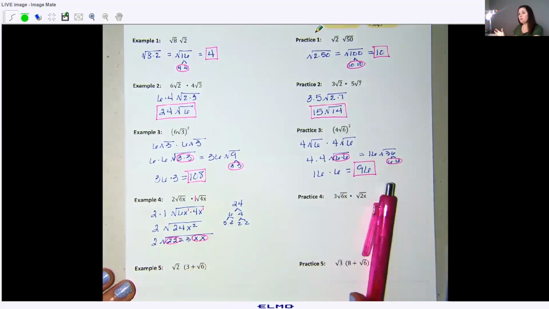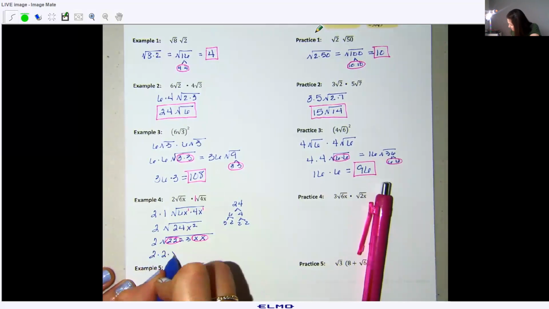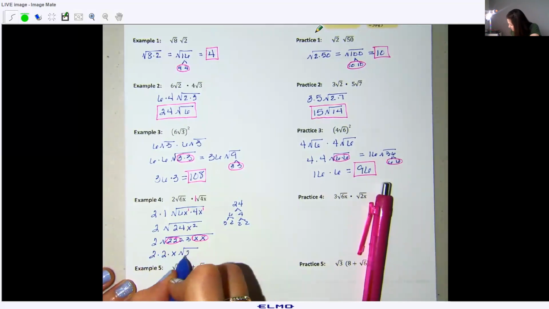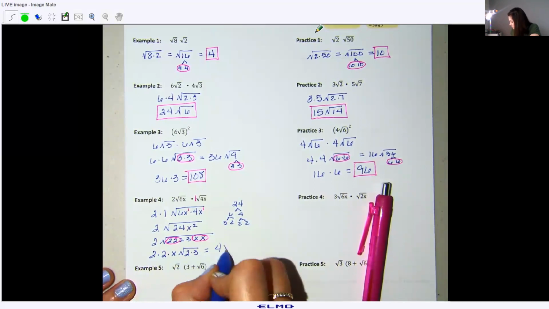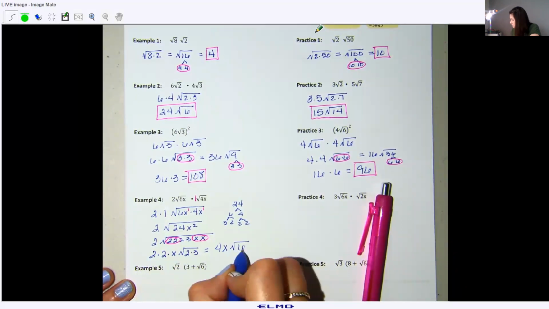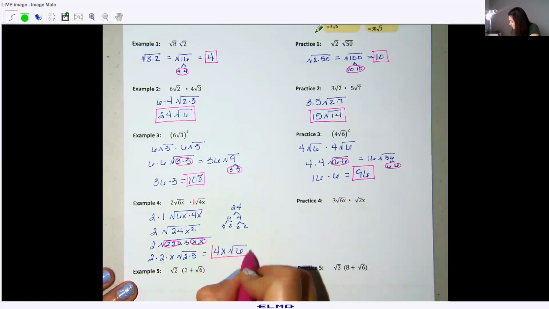So I can bring those 2 terms out and leave my 2 and 3 on the inside. And that is my answer.